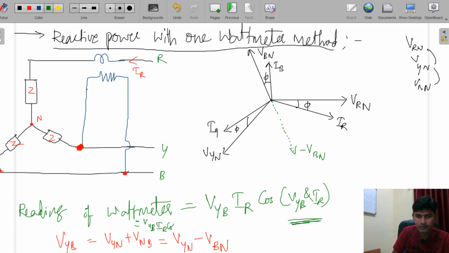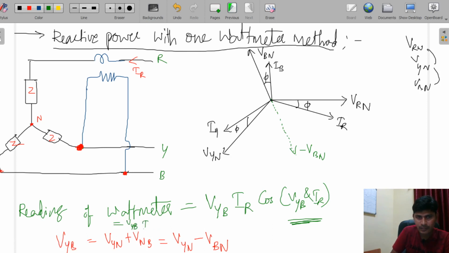The wattmeter reading is VYB IR cos of the angle between VYB and IR, right? Let me write clearly.